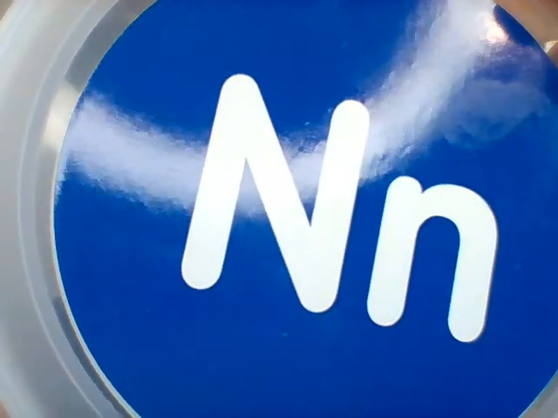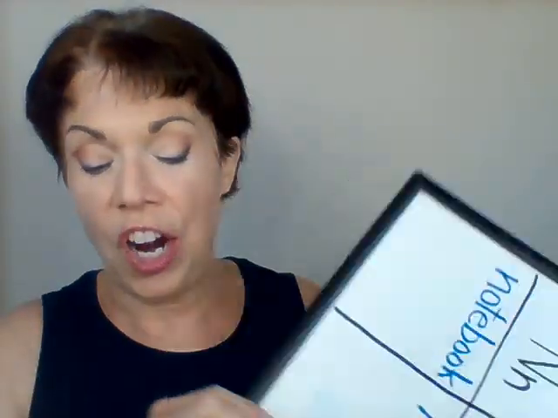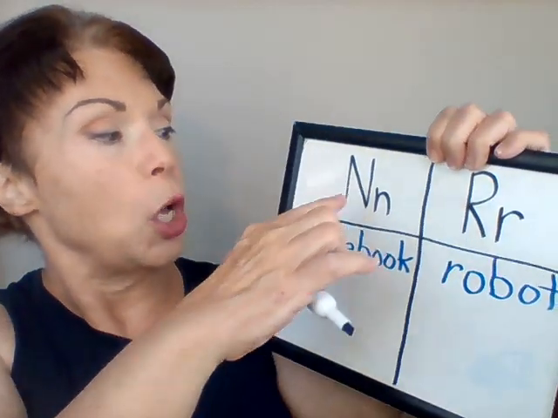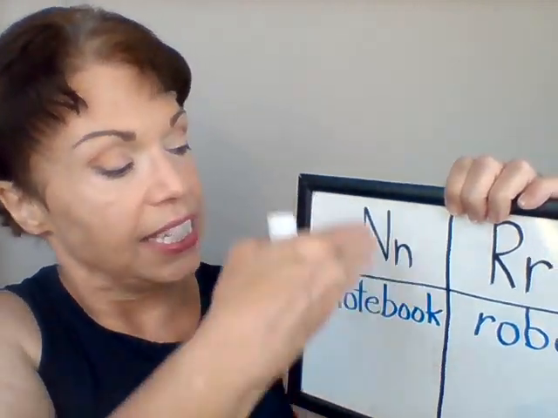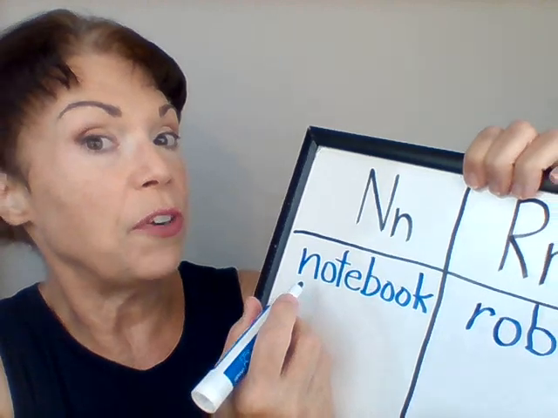Say nest. Mm. You see the shape my mouth is making? Nest. Does nest begin with N or R? If you said N, you're right. Nest begins with the letter N. Let's write the word nest on the inside, this side of my graph. Spell nest. What's the first letter?